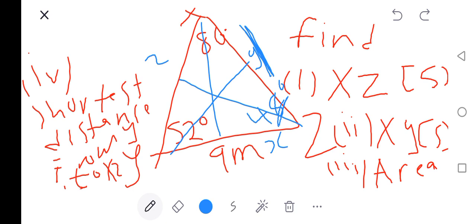How have we found 48? We've added 80 plus 52. That's given us 132. Then we are saying 180 minus 132. We are getting 48.